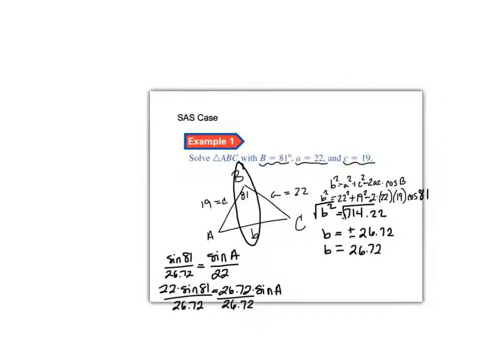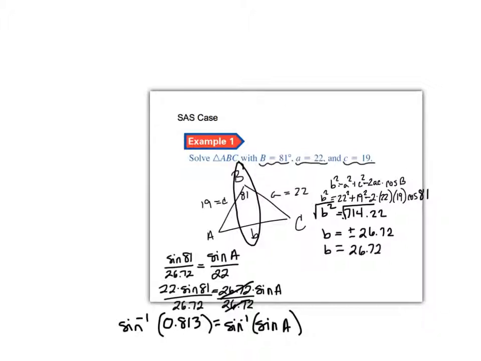I approximately get 0.813, and that will be equal to the sine of A. So now I have to take the inverse sine, or the arc sine, of both sides. Okay, so the inverse sine of both sides, and let's see what we get.